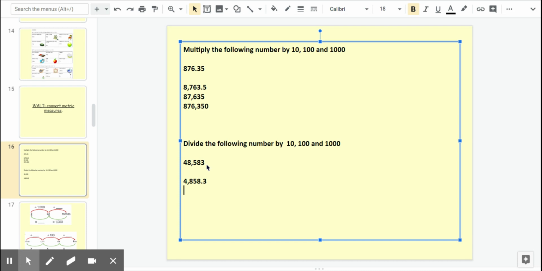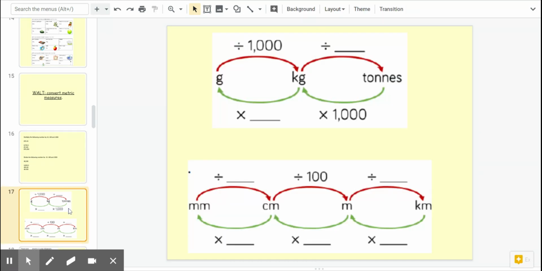And to divide by 100, we're going to go two places to the right, 485.83. And to divide by 1,000, 48.583.